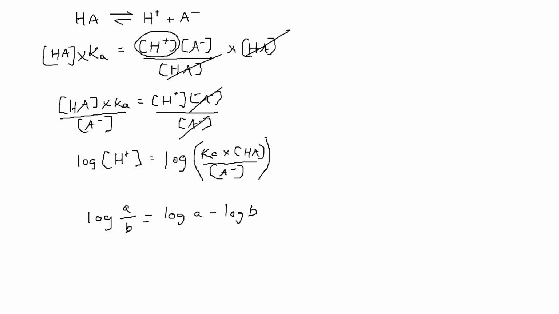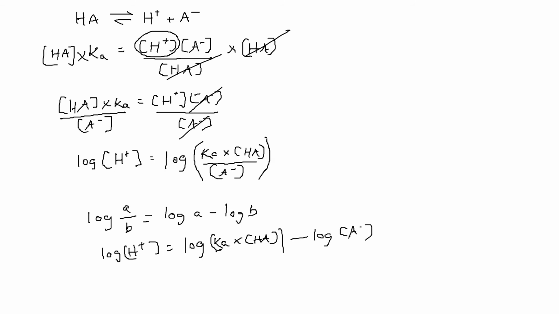So we're going to rewrite that by saying that log H plus is equal to the log of, so we're going to take the top part of the fraction, Ka times HA, put that in brackets there, minus the log of A minus.